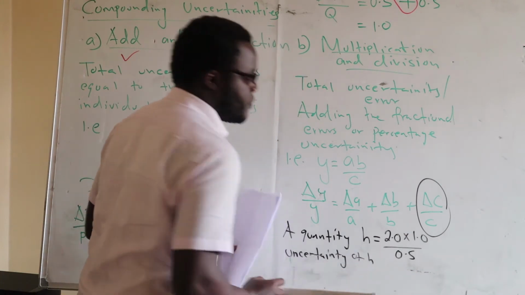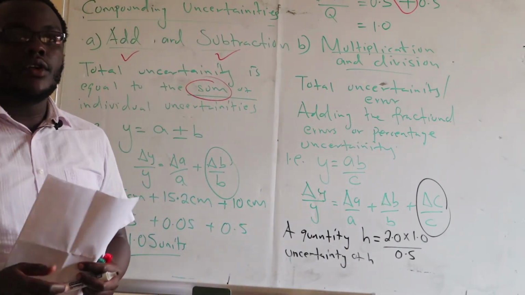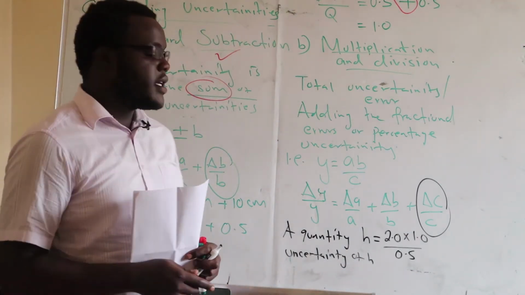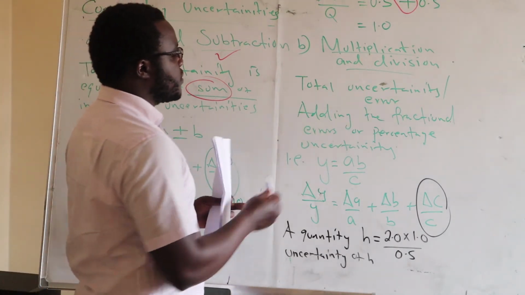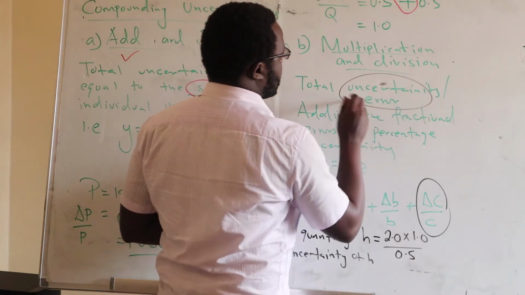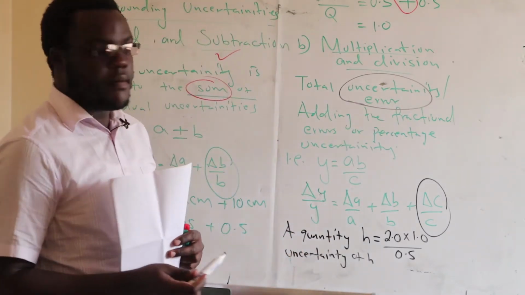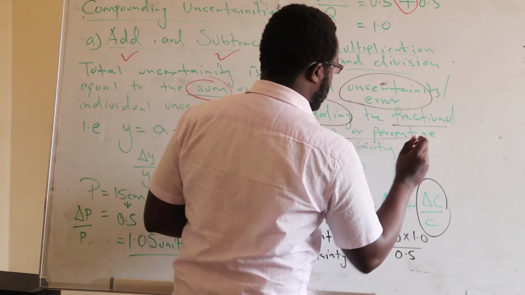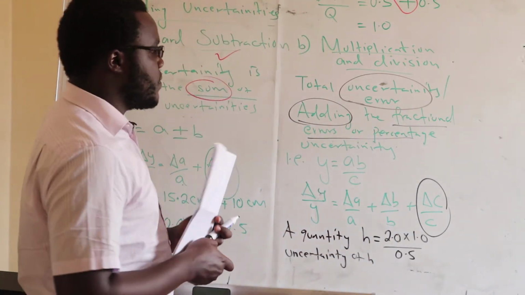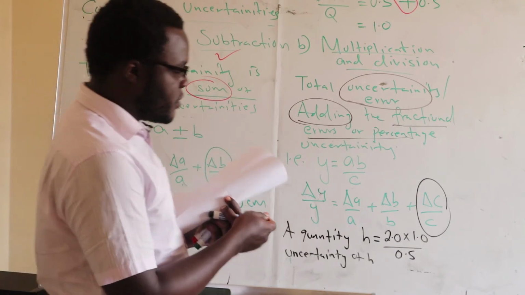Since H is gotten by the product and the division of quantities, we are going to apply the notion that the total uncertainty in the case of multiplication and division is given by adding the fractions of individual uncertainties.